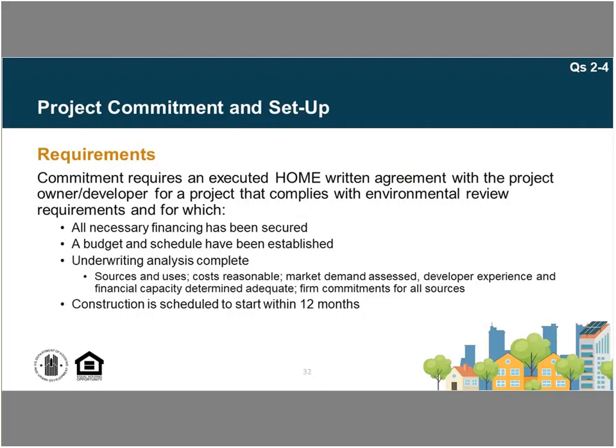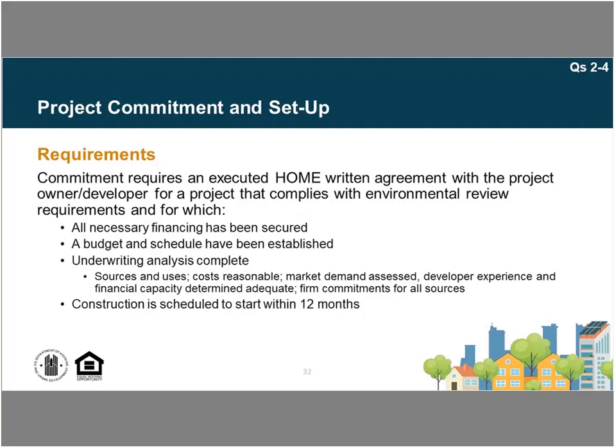Project commitment can occur once you have an executed written agreement, signed and dated by all parties, and it has received environmental clearance. These following additional provisions are part of the definition of commitment in 92.2. All the necessary financing has been secured, which we determine under underwriting.